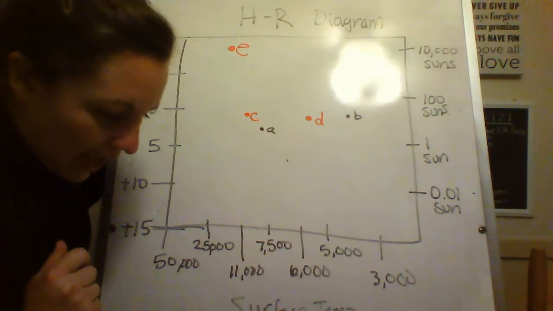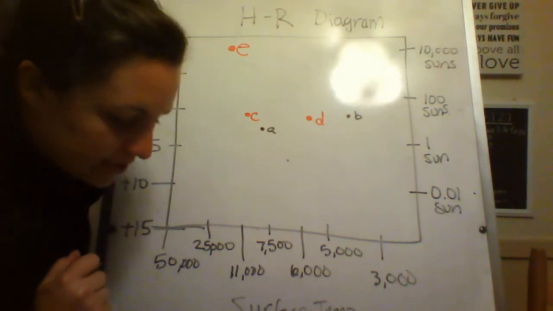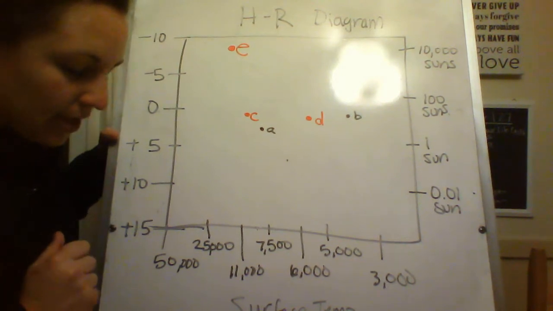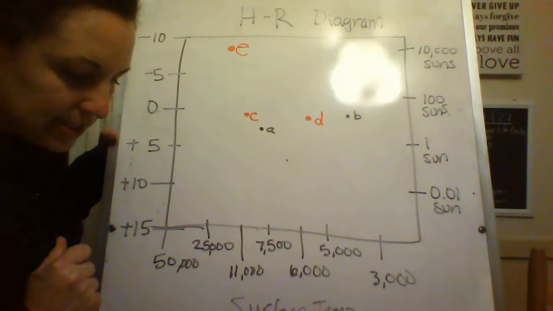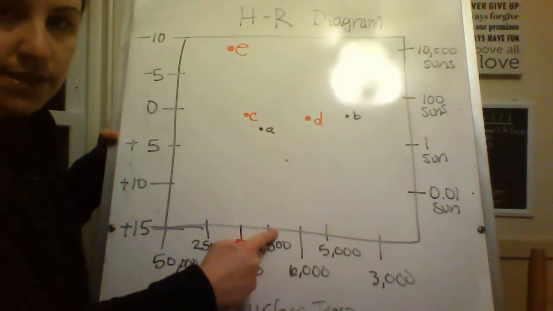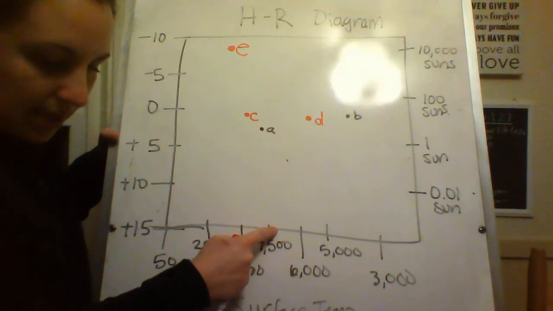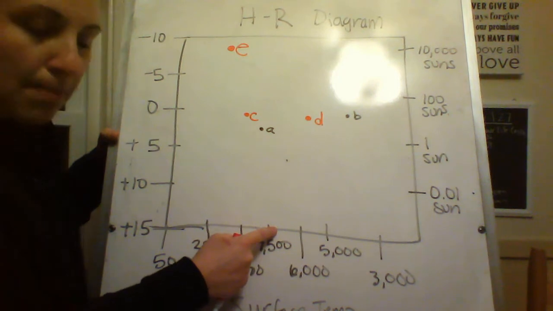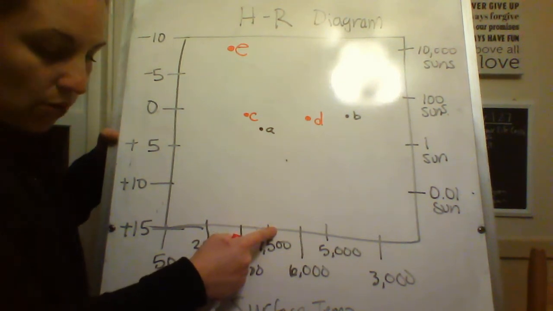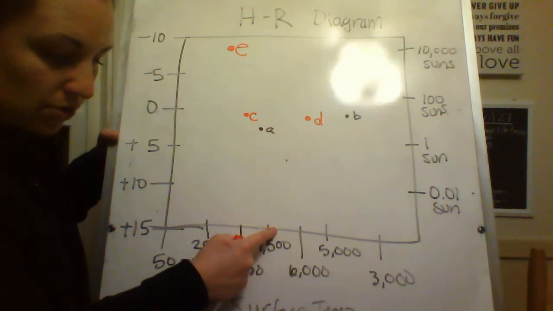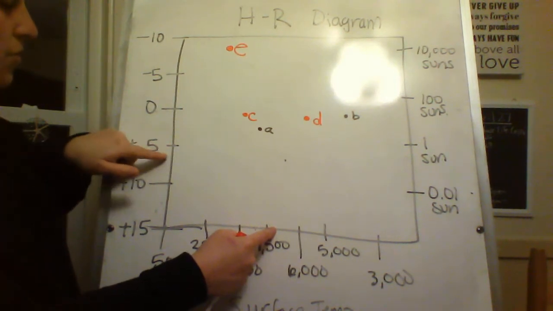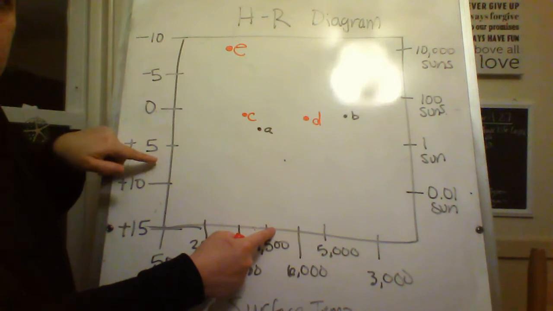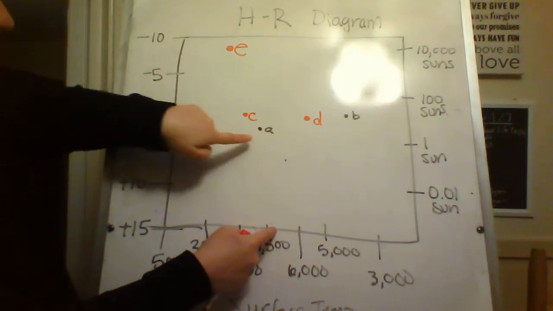For star F, we have Procyon A, and Procyon A is 7,000 kelvins, so right before 7,500. 7,000 kelvins, and we're at positive 2.6 magnitude. Okay, so if we're at positive 2.6 magnitude, we have positive 5 and positive 0 here, so it's going to be right in the middle.